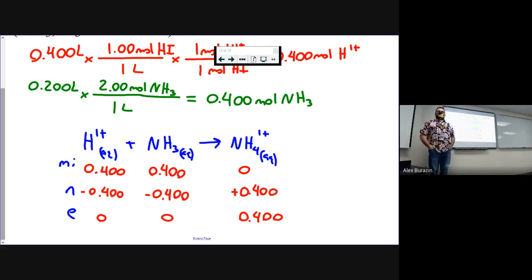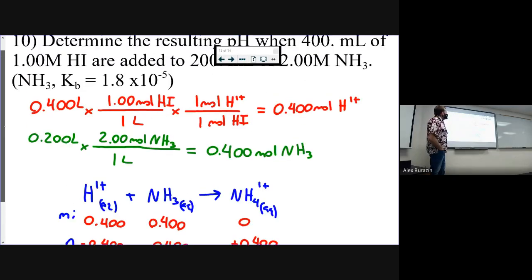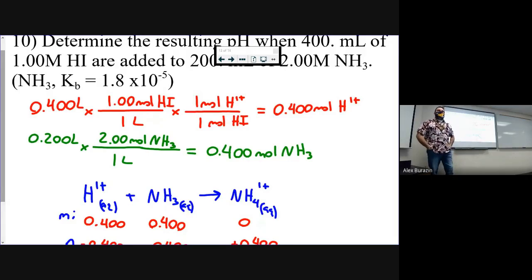Okay, give me a couple minutes of your attention. We are mixing a strong acid and a weak base. When we do this, we would like to set up a mine table to show the neutralization. Before we can do that, we need to solve for moles of both our acid and our base.